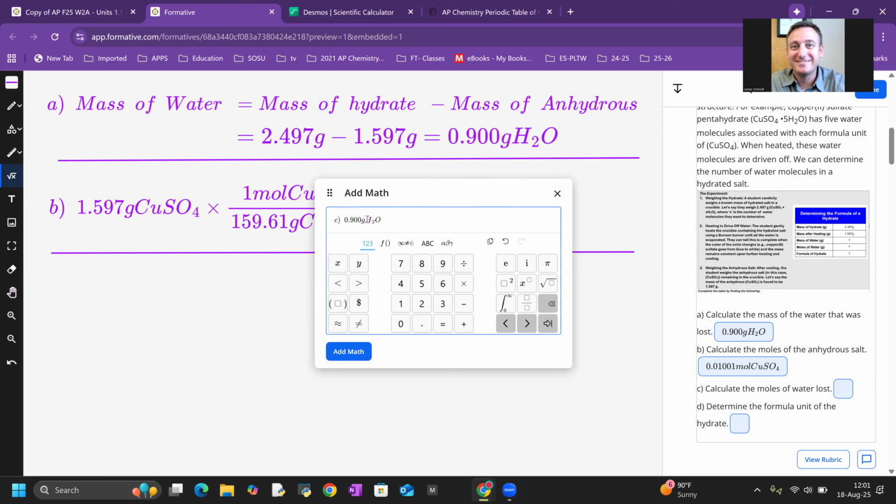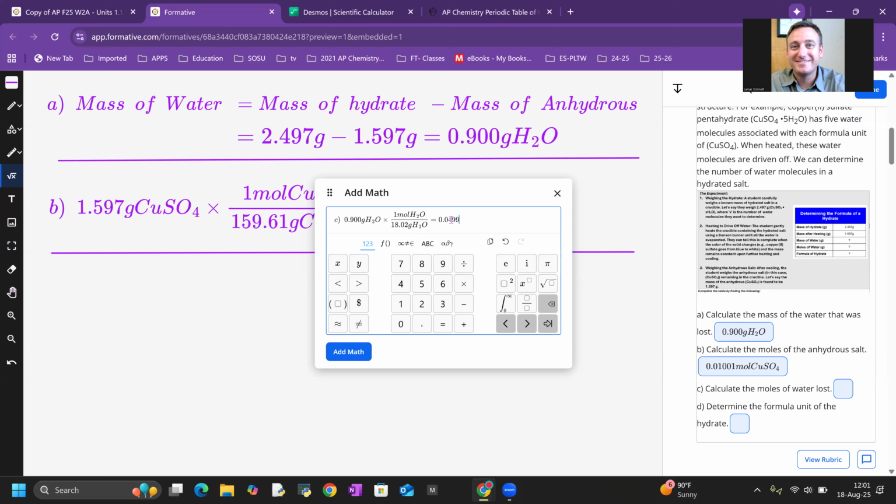And again, if I don't want to type water again, I just simply copy that. And then I find the molar mass of water. We found this in our notes. It's actually 18.02 grams of water is equal to 1 mole of water. And so this is equal to, and we put this in our handy dandy calculator, 0.04994. And quite frankly, this should be 3 sig figs.